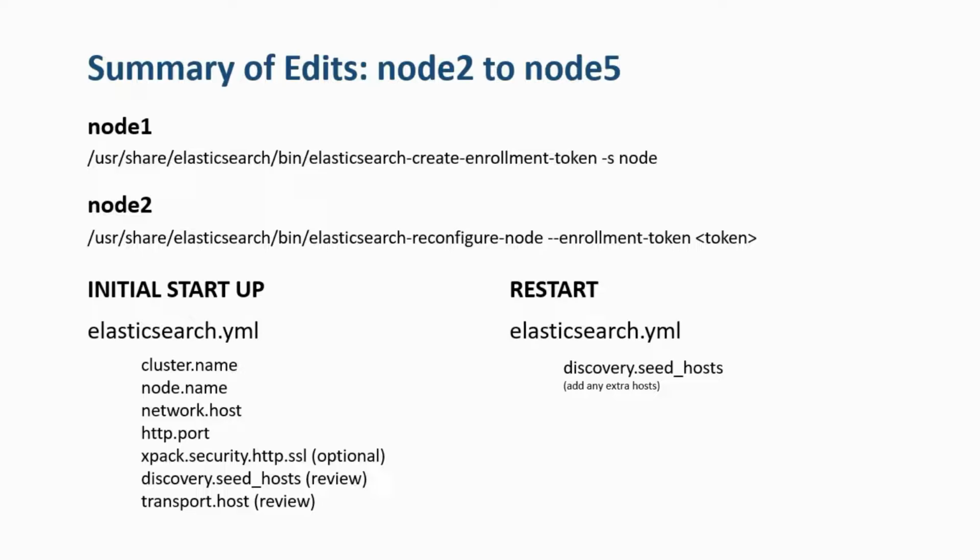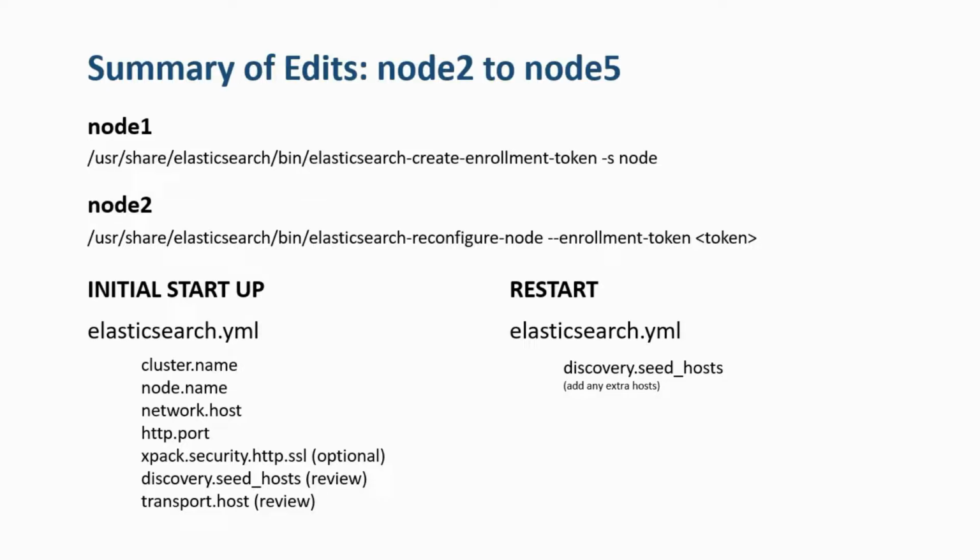For nodes 2, 3, 4, and 5, we followed a different process for the nodes to join the cluster created by node 1. On node 1, we generated an enrollment token, and on nodes 2, 3, 4, and 5, we accepted the enrollment token with the elasticsearch-reconfigure-node command.